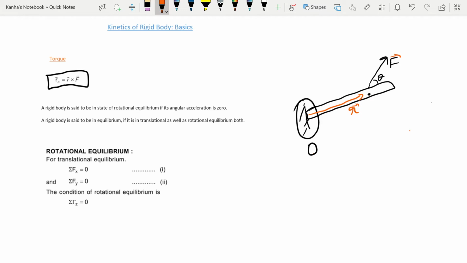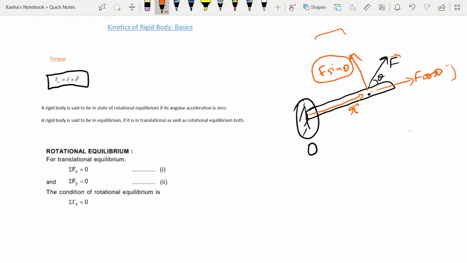So my torque is nothing but a cross product between the radial vector and the force vector. What this means is my F will have two components. One will be along the rod, one perpendicular. Only the component that is perpendicular to the rod will be involved in rotating the rod, or changing the state of the system from this orientation to this orientation.